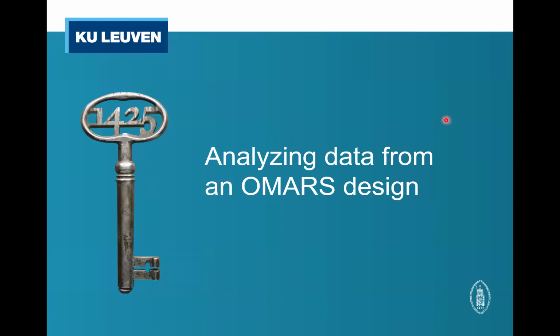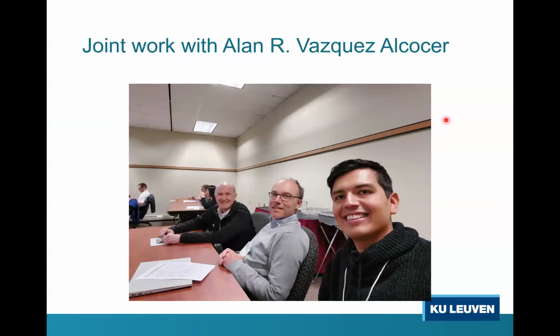Coming up with an experimental plan is one thing. Executing the experiment then is another thing. And at the end of the day, you have to analyze the data that result from your experiment. And that's where you basically try to build that statistical model, the kind of statistical model that I showed you in the beginning of the presentation. From your limited data, you need to try to find the best possible model or models for your data.